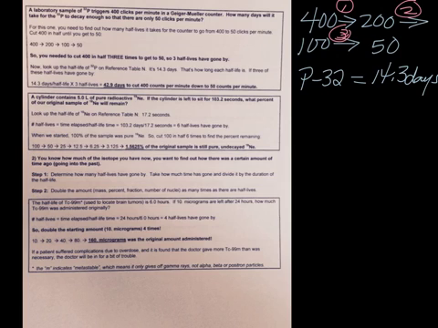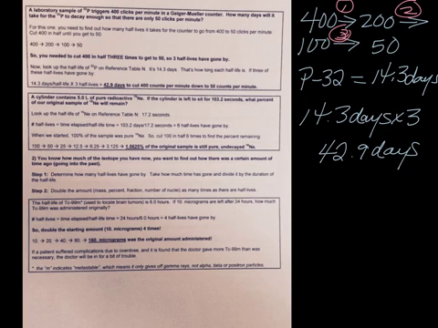So if we take 14.3, which is 1 half-life, and we multiply it by 3, we will have our total time. So it's a total of 42.9 days to cut 400 counts per minute down to 50 counts per minute. All right, let's look at the next one.